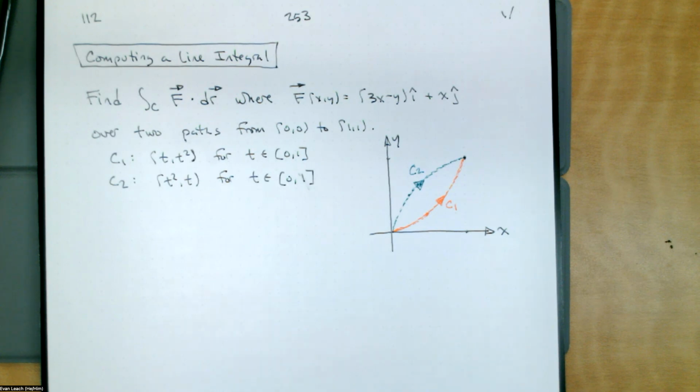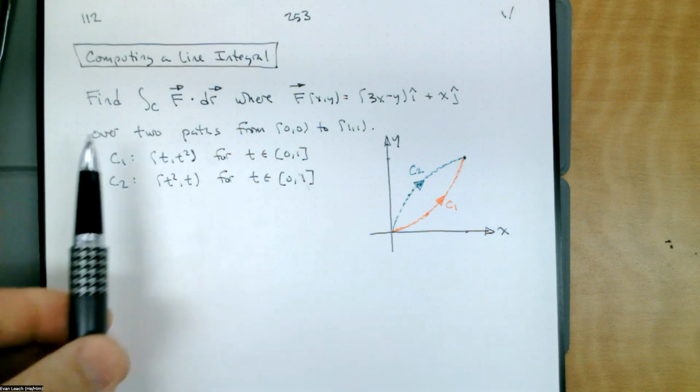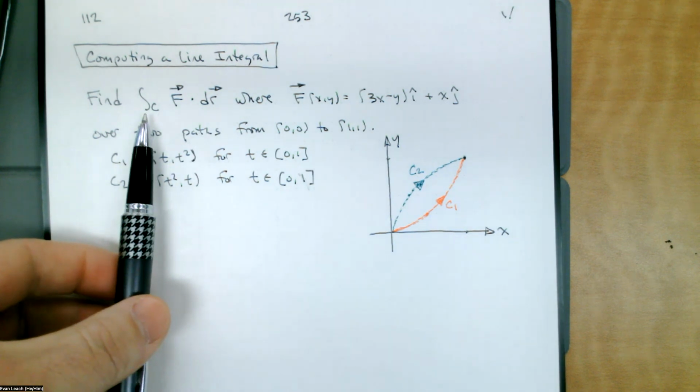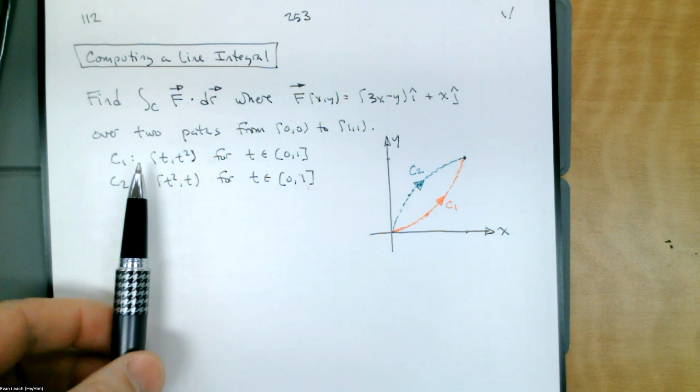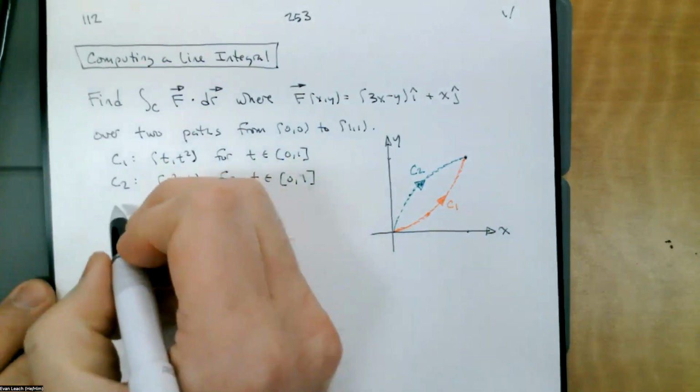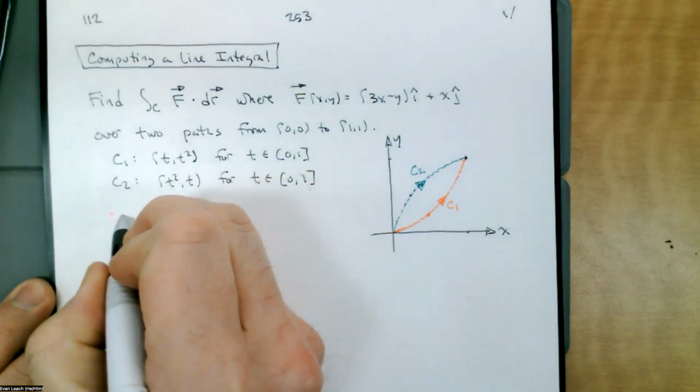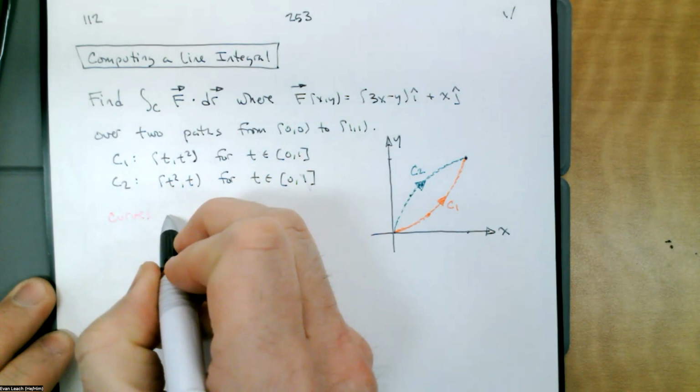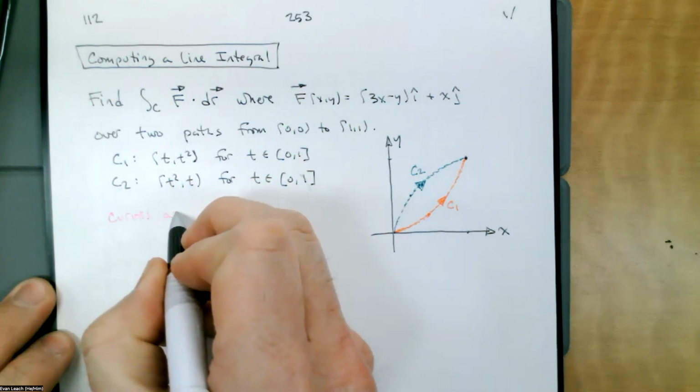So what we need to be able to do is parameterize each of the curves, because the task always with integration is to set things up so that your integral can understand what you're trying to plug in. So we start by parameterizing the curves. Thankfully, that's already done for us.